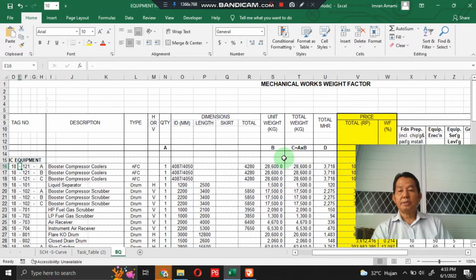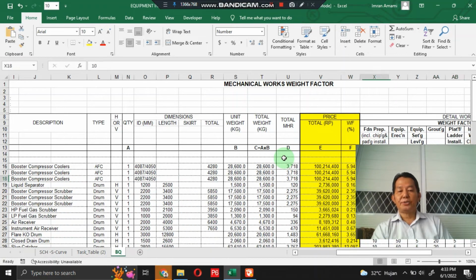Because the contract prices for booster compressor coolers A, B, and C are the same, we jump to the contract price for liquid separators. The same applies to this section.